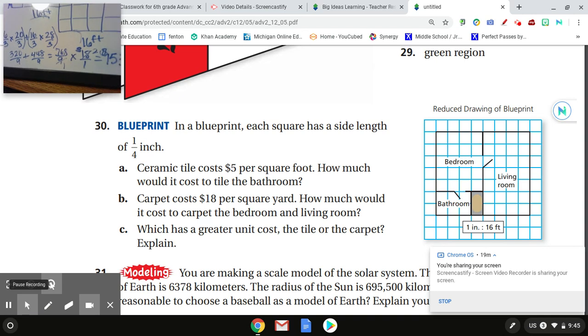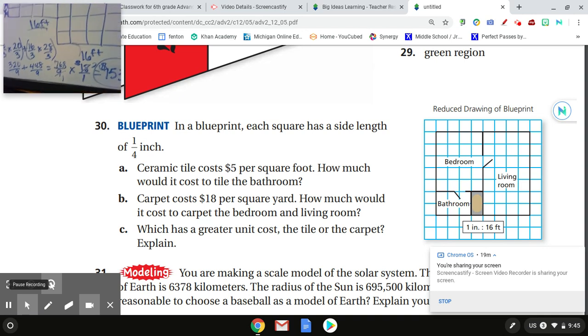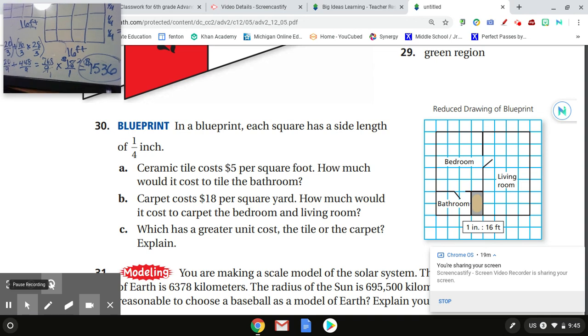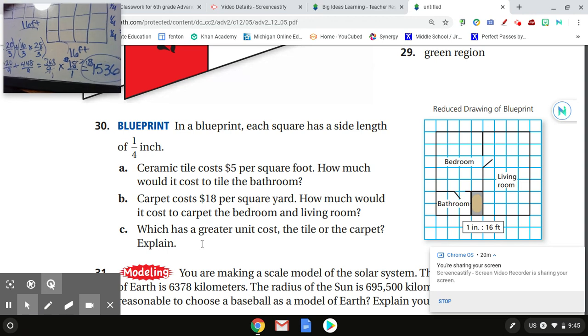So the total cost ends up being a nice whole number, and we didn't lose anything from rounding the decimals. The total cost to carpet the bedroom and living room would be $1,536.